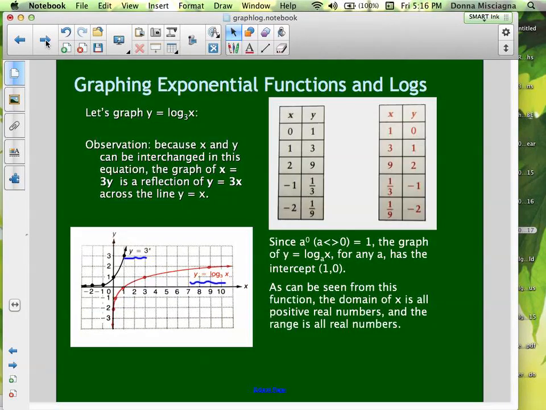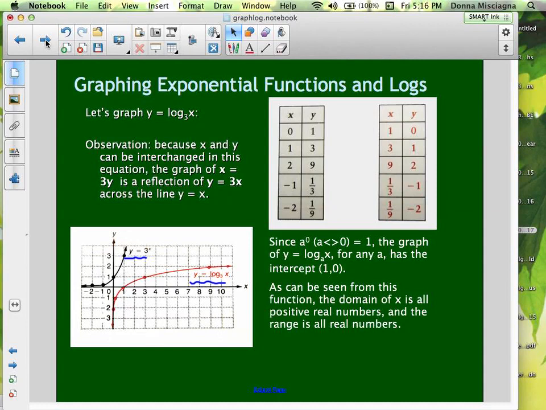All right, so graphing exponential functions and logs. Here's two examples. We have y equals 3 to the x and y equals log base 3 of x. Notice that, again, the x and y values are switched. For the exponentials, on the left, the x values are exponents, the y's are results. For the logs, on the right, the x values are the result and the y values are exponents.